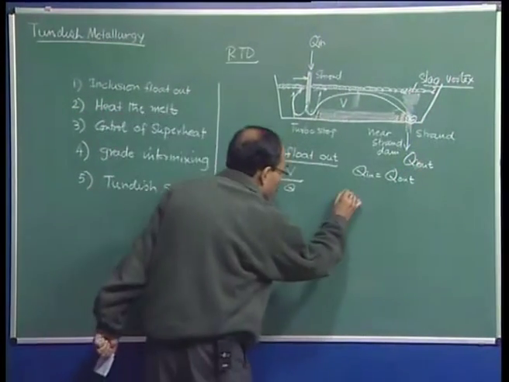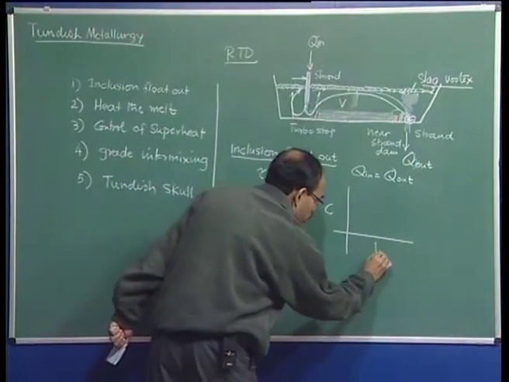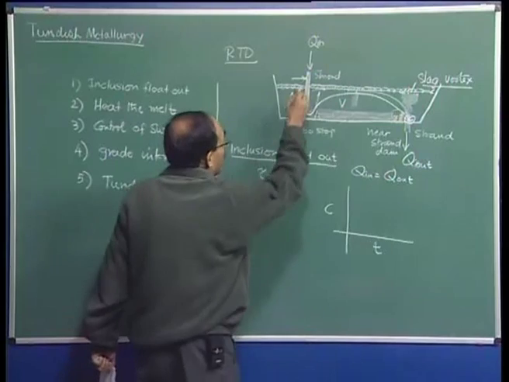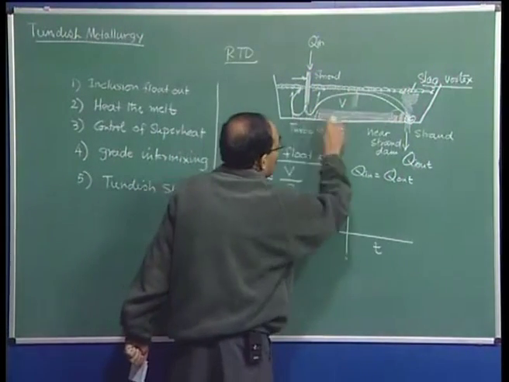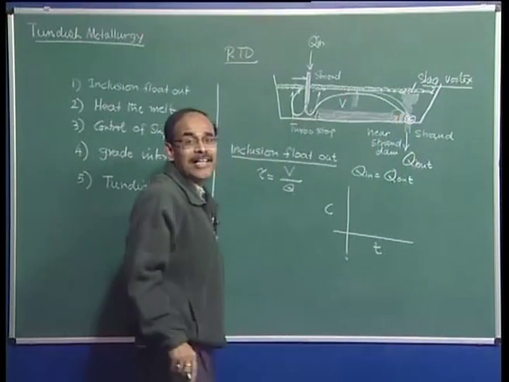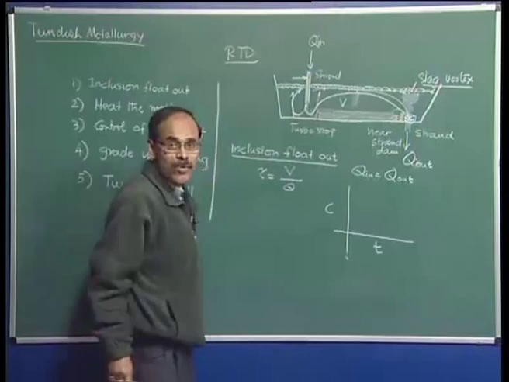And then if you monitor the concentration versus time, you can see that you have injected at, say, 10 o'clock, which is this time, but your detection is not going to start at 10 o'clock, because the molecules are going to take some amount of time before they can reach the response point.